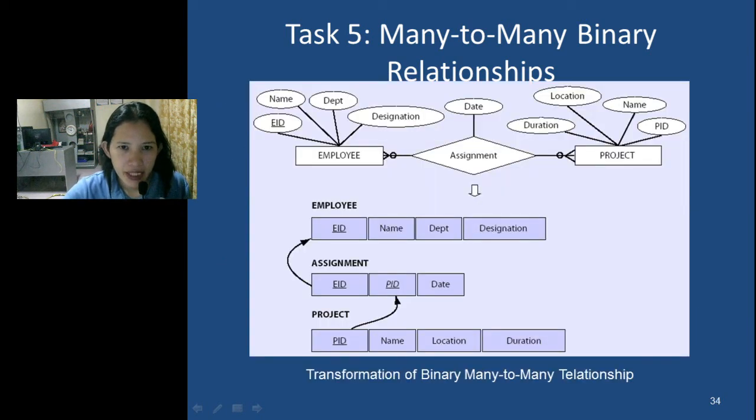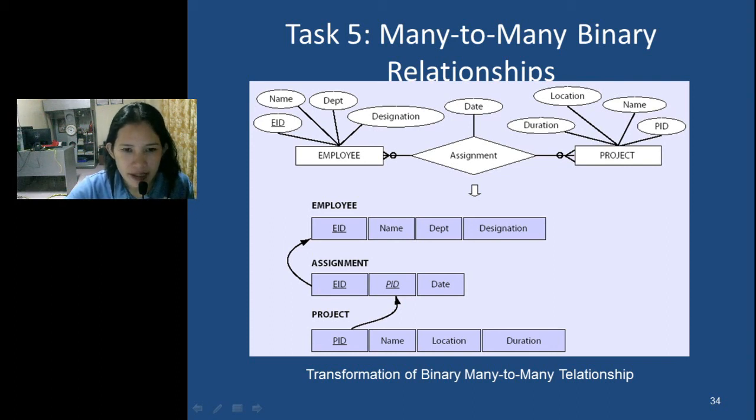Example, this is the many-to-many binary relationship. Employee, assignment, and the project. So this means that one employee is assigned to many projects, and one project can have many employees assigned to it. So we have first to copy the employee and its attributes, EID, name, department, and designation. Next, for the project, we have the PID, the name, the location, and the duration.